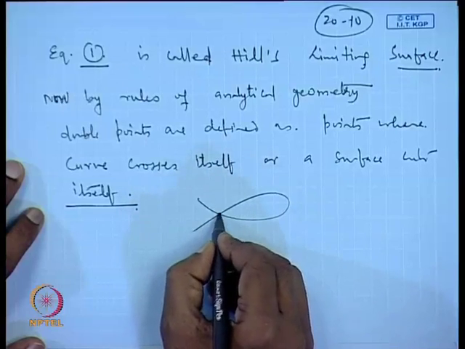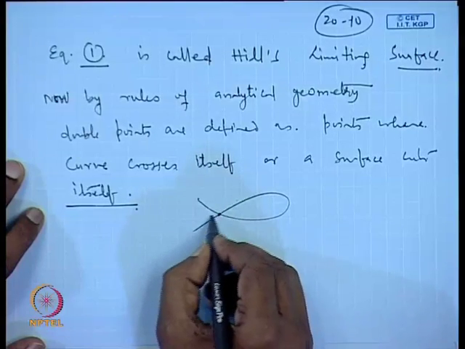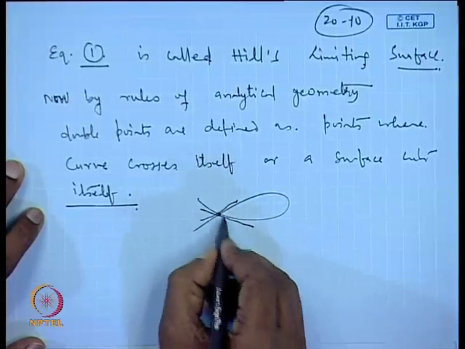Okay, so, double point will exist here in this place. So, you will have two tangents here, one like this, another like this.